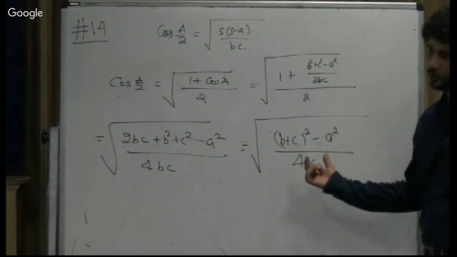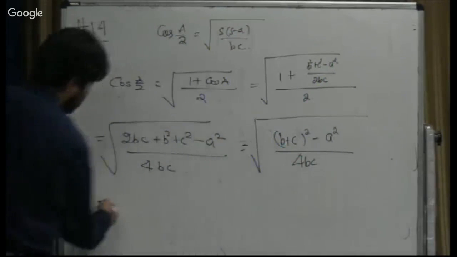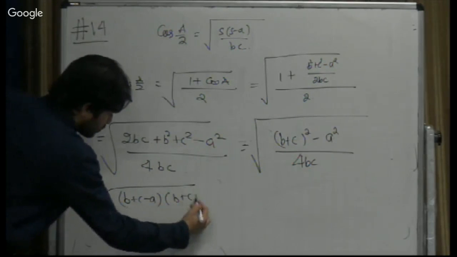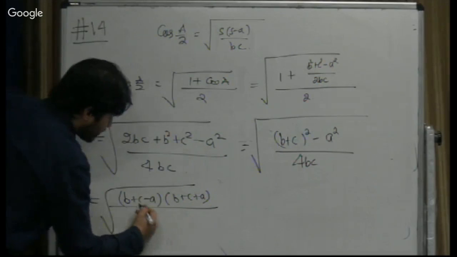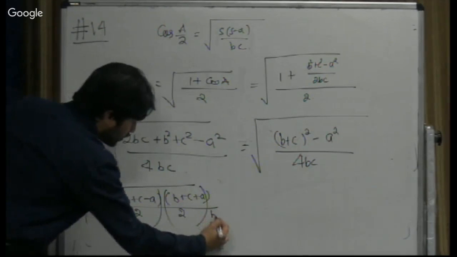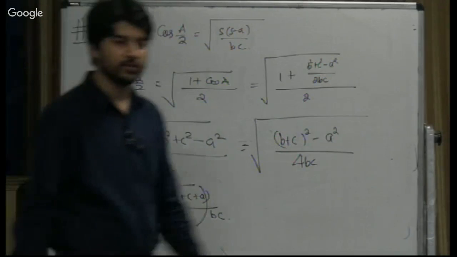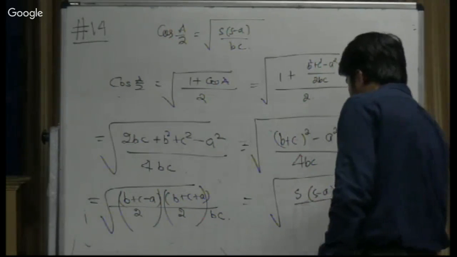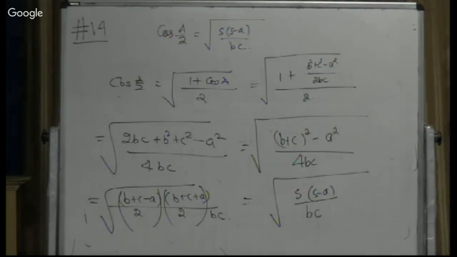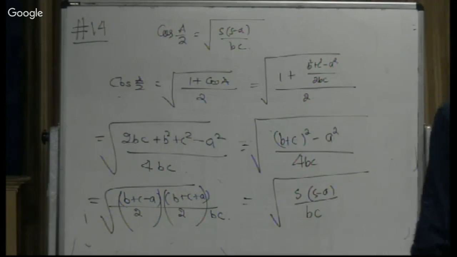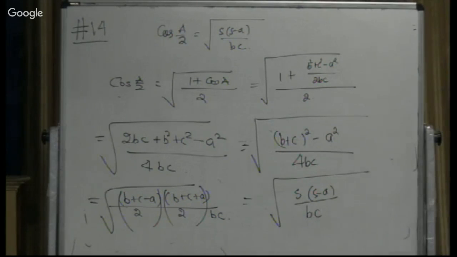So b plus c plus a into b plus c minus a upon 4bc, so I put 2 here and 2 here, 2bc. Right? So what is it? S into s minus a. So cos a by 2 is basically under root s into s minus a upon bc, right? Clear? Any problem here? Easy to prove.